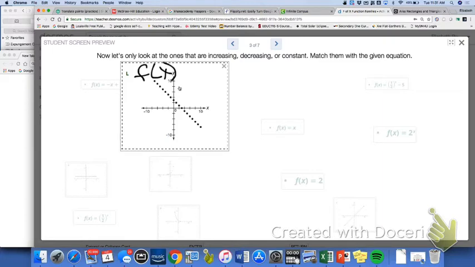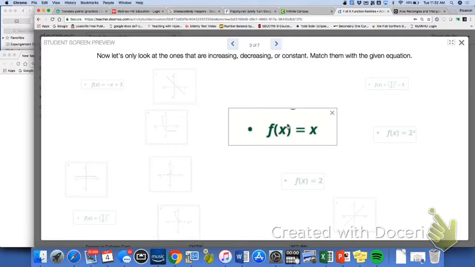So f of x equals negative x plus 3, so that you know what equation matches that graph. So write that function, negative x plus 3. Today's going to be slow going because it's the first time we've used the graphing calculators, and it's fine.